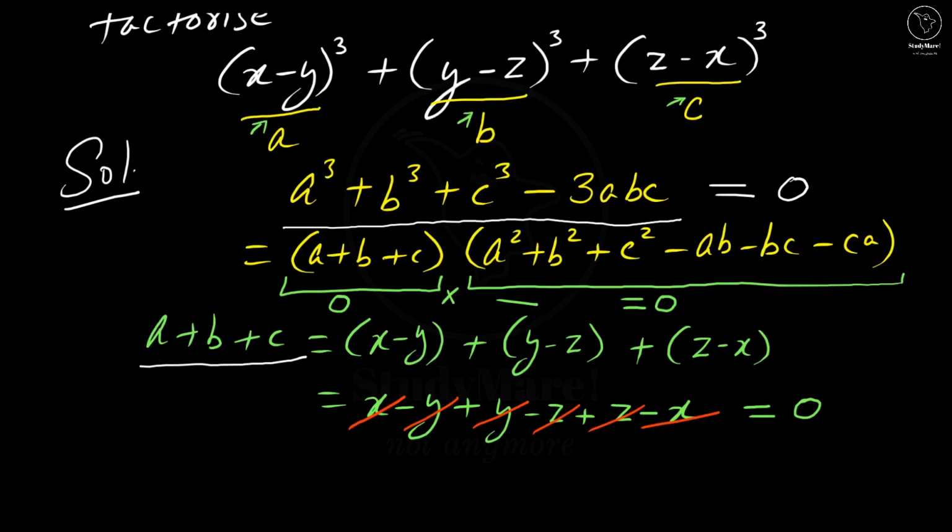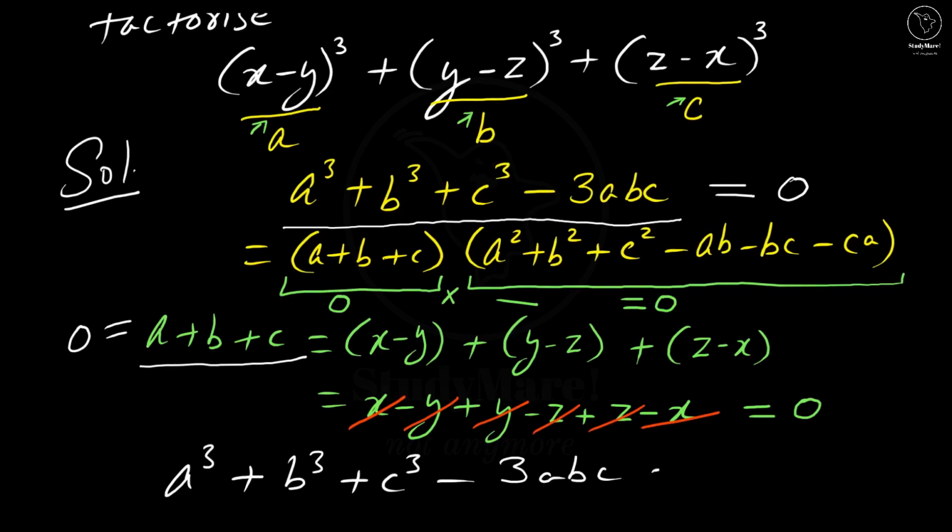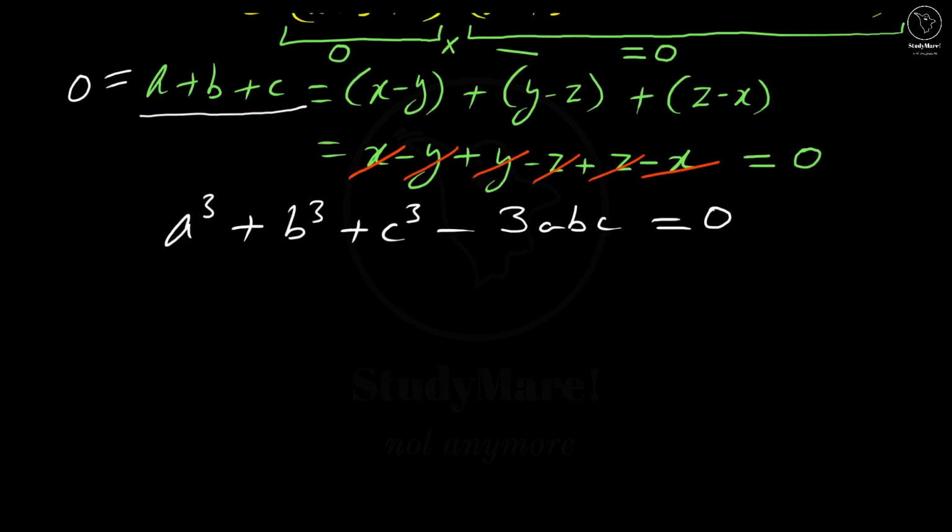Because A plus B plus C is equal to 0, which means A cube plus B cube plus C cube minus 3ABC is equal to 0, which can also be written as A cube plus B cube plus C cube is equal to 3ABC, because this minus goes on the right hand side, becomes plus.